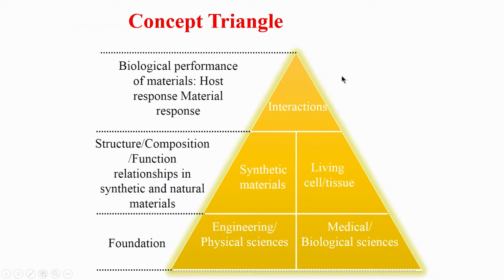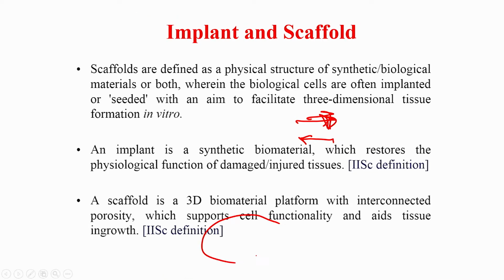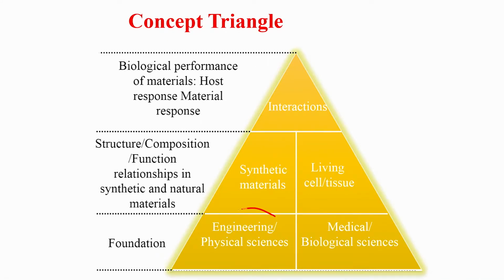Okay. So, having said that, this kind of concept triangle I have also shown while defining tribology, but here you see that this concept triangle is also important for biomaterial science. The base or fundamental disciplines are engineering or physical sciences on one hand, and medical or biological science on the other hand.